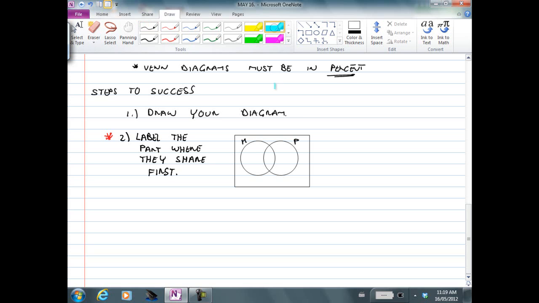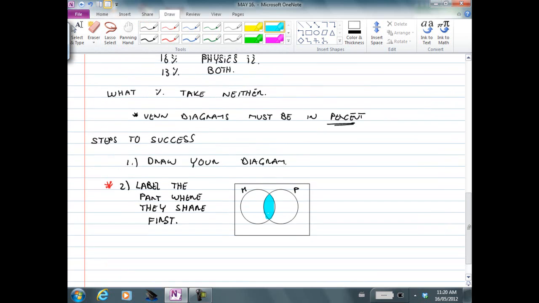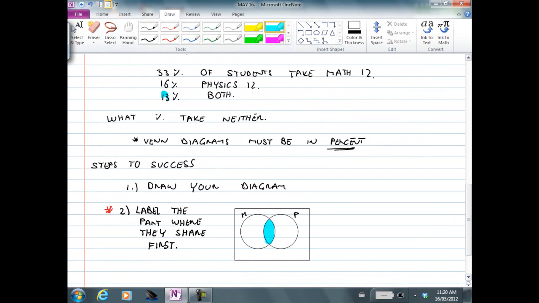So guys and gals, take a minute. I want you to tell me what percent goes here. Okay, I just put a 13 smack in the middle. Because why? It says 13% of them take both. Because Venn diagram is very fun and easy. Next, I'm going to do my math parts. I want you to label the yellow part right here. I'm going to pause and let you figure out on your own.